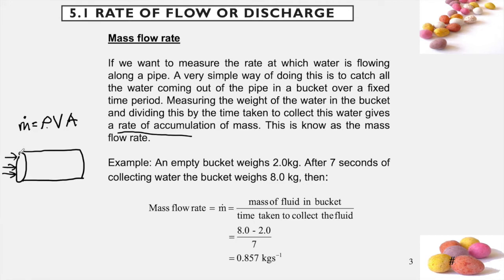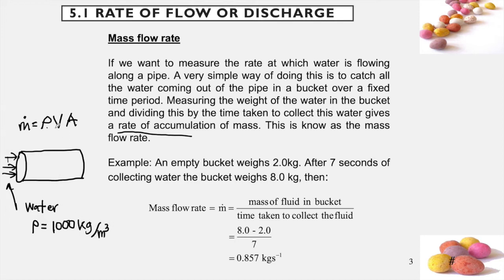In order to determine the mass flow rate, you have to multiply by the density of the fluid. For water, the density is 1000 kilograms per meter cubed.